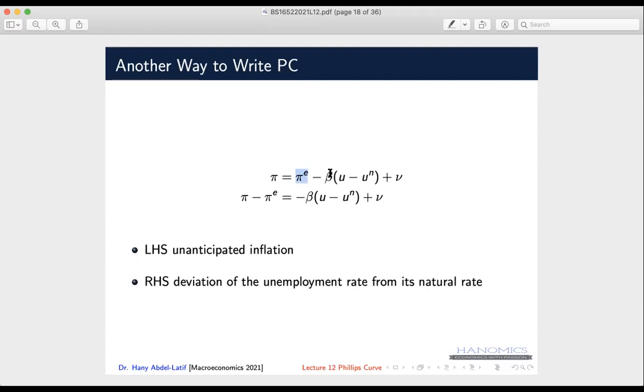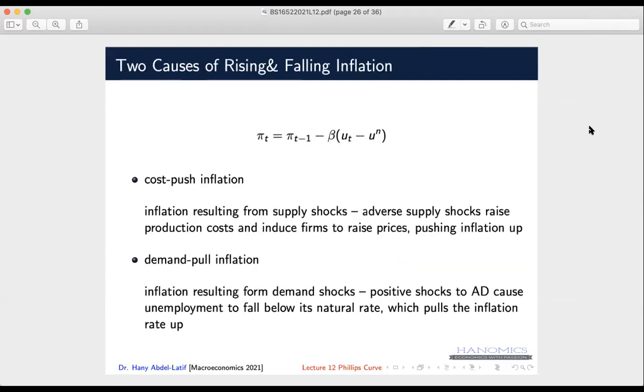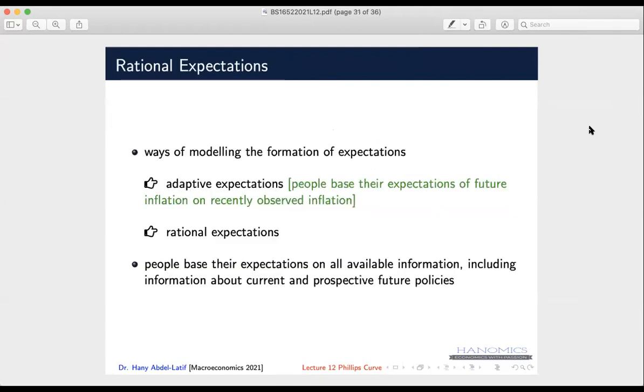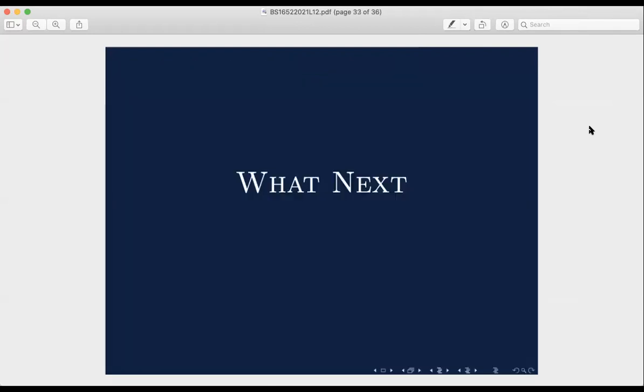But then inflation also depends on cyclical unemployment and supply shocks. So anyway, these are things we covered in the lecture.